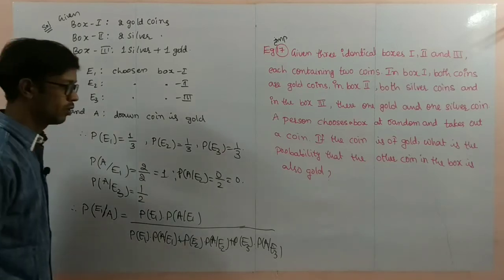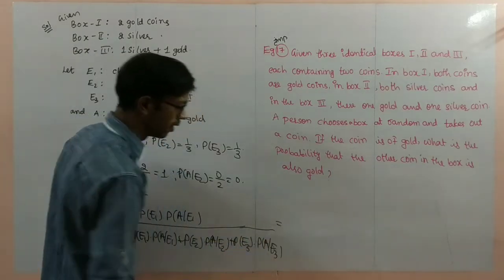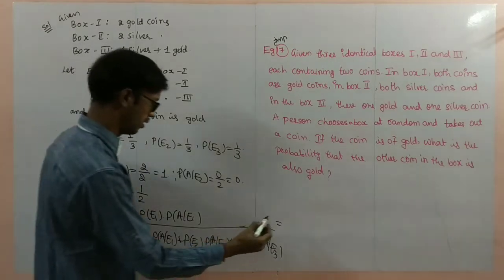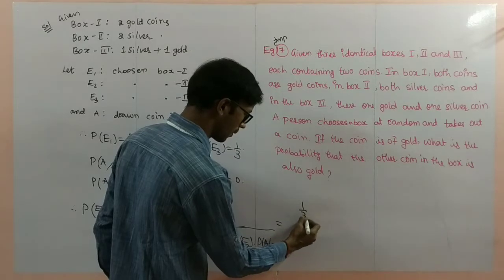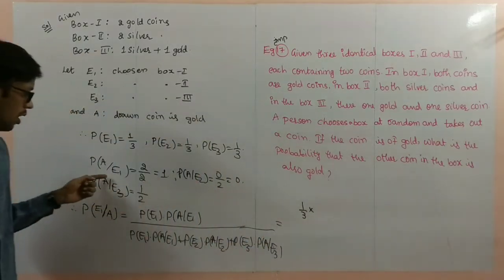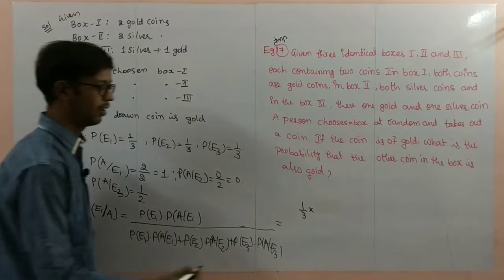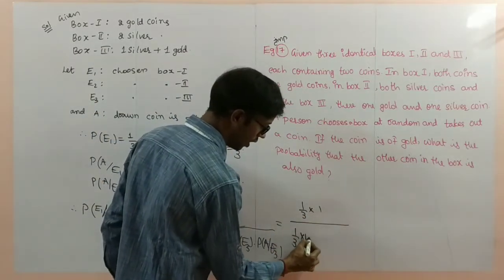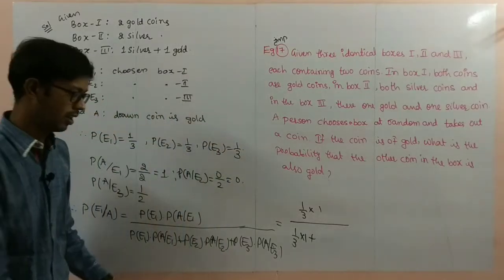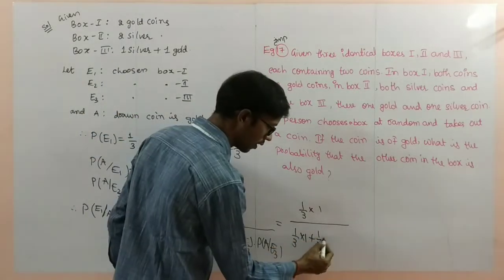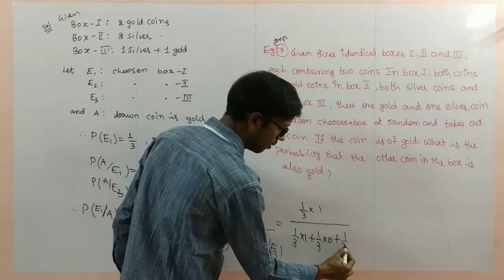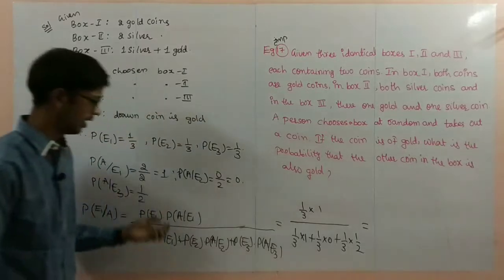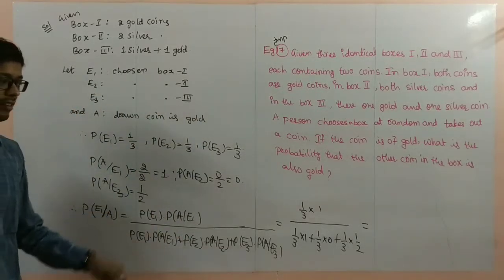So now substitute the values here. P of E1 is 1 by 3, into P of A by E1 which is 1, divided by 1 by 3 into 1, plus 1 by 3 into 0, plus 1 by 3 into 1 by 2. Just substitute the values and simplify.